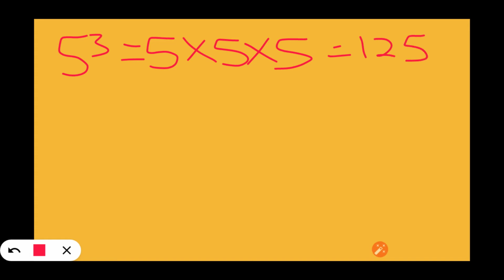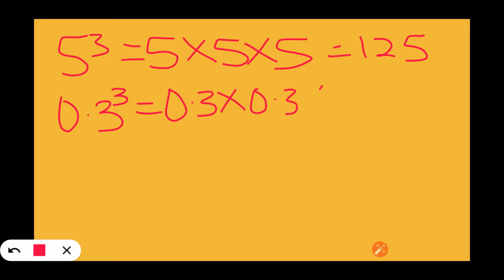The second question is to find the cube of 0.3, and I write this out as 0.3 cubed, or raised to the power of 3. This gives me 0.3 times 0.3 times 0.3.